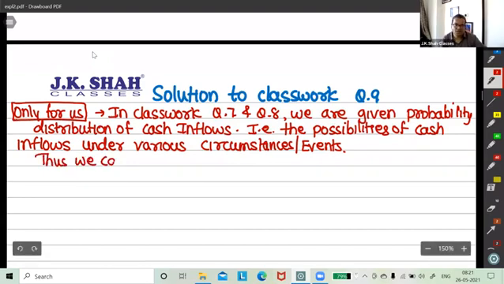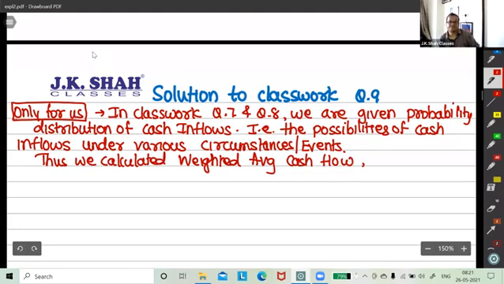Thus, we calculated the weighted average cash flow, then PVCI, and then NPV.